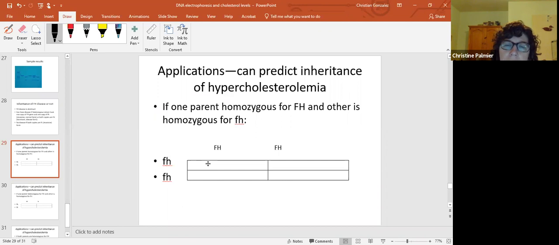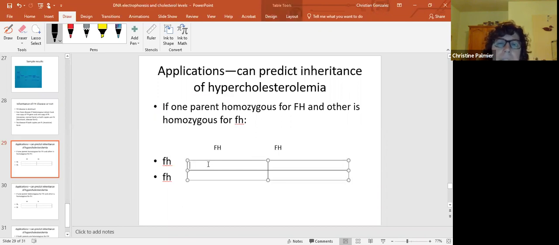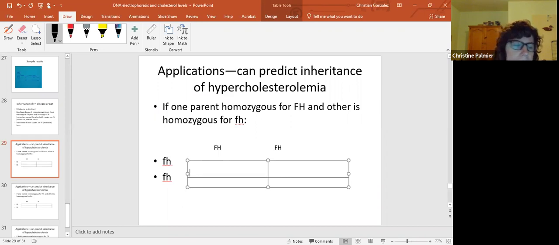So you fill in these squares as shown here. In this case, anything to the left of the squares, you go from left to right. Anything above, go top to bottom to fill it in. So this first square would be big FH, little fh.